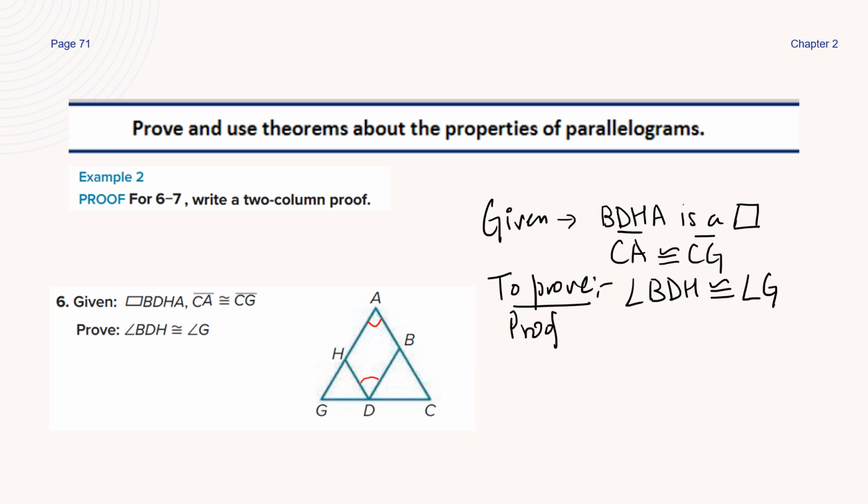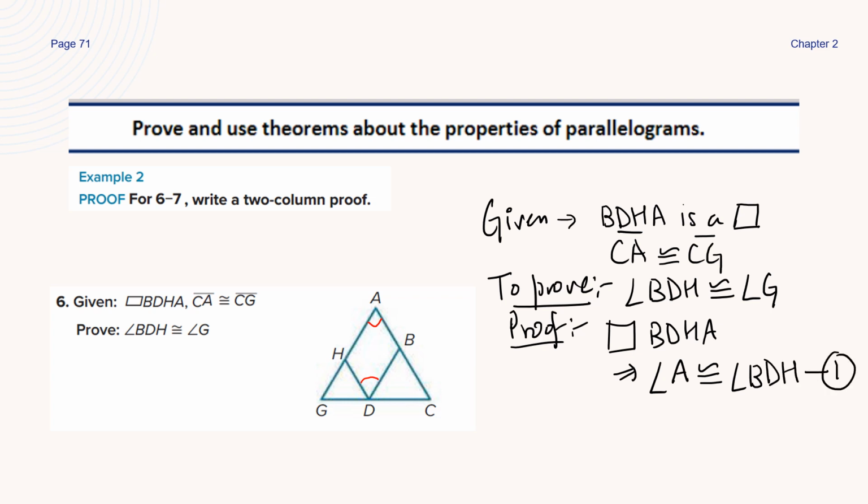So let's write the proof. First of all, since parallelogram BDHA is given, we can say angle A is congruent to angle BDH. This is the first statement.